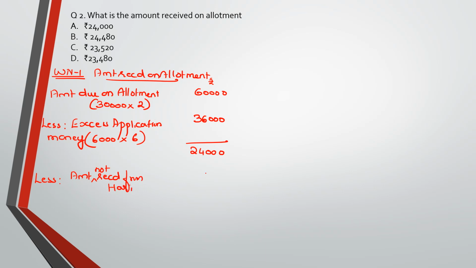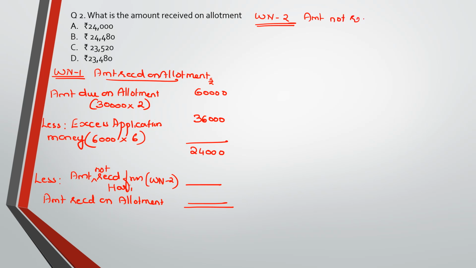We have to calculate that and subtract it. After that, we would get the amount which is received on allotment. Now, for calculating the amount which is not received from Hari, we will have to prepare another working note. Working note number 2: amount not received from Hari.